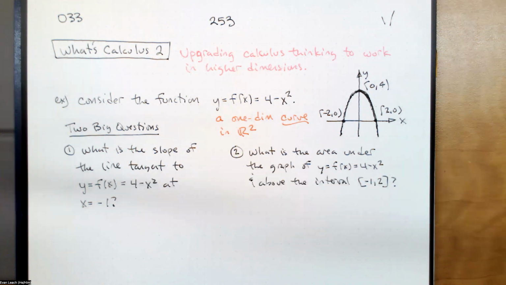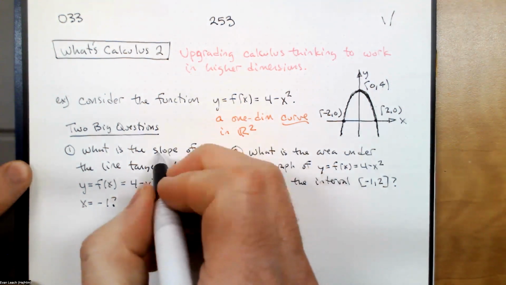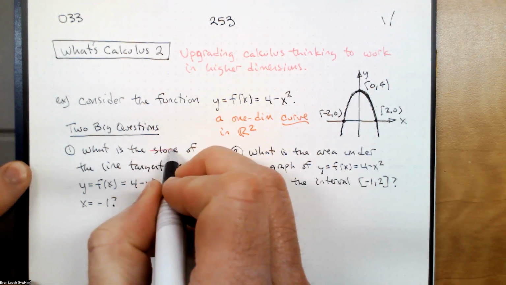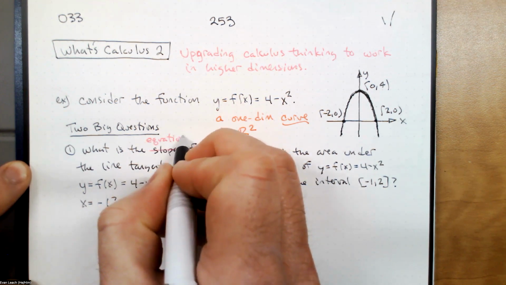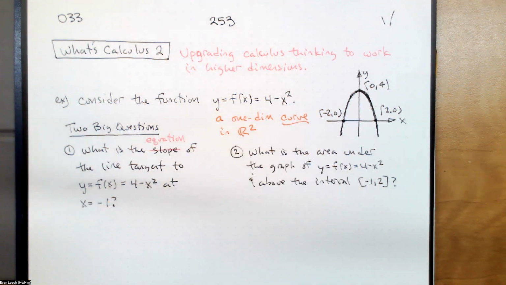I do want to make one small modification. I did what is the slope of the line tangent to the curve at this point. I want to upgrade this so it would help with our thinking. What is the equation of the line tangent to the curve at the given point?